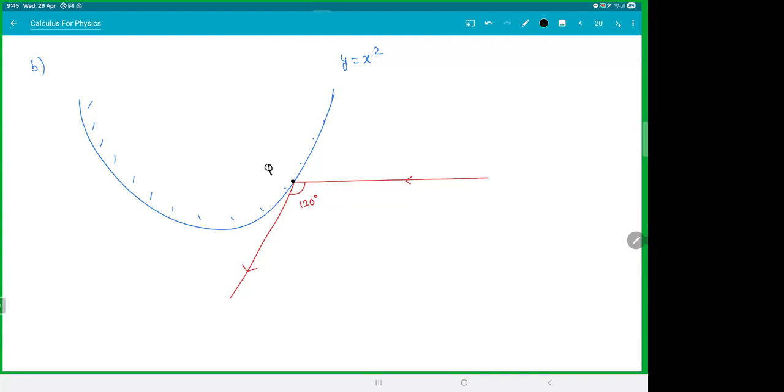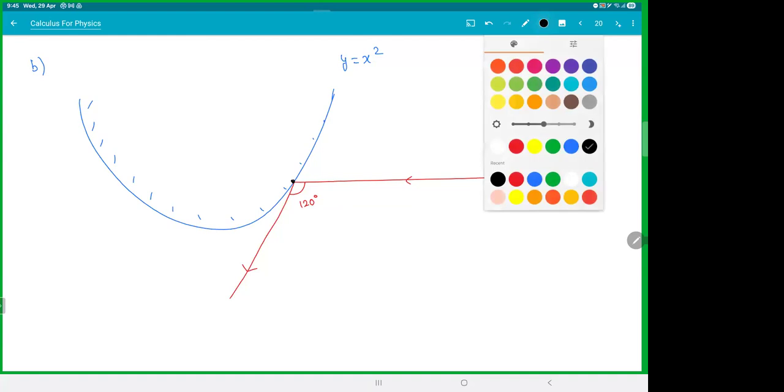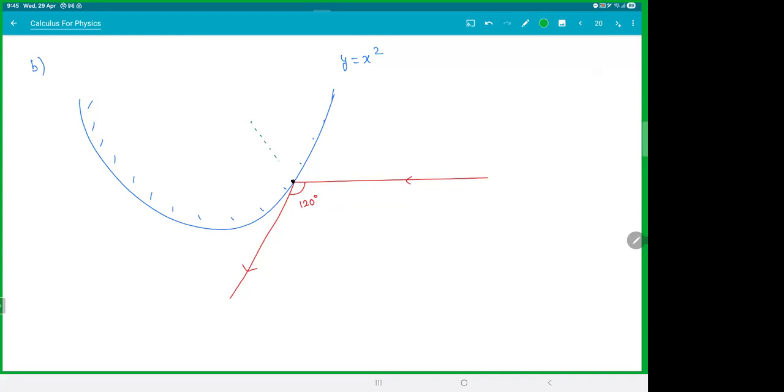So let's start off. So step one, what we do, we draw a normal. Then we draw a tangent.